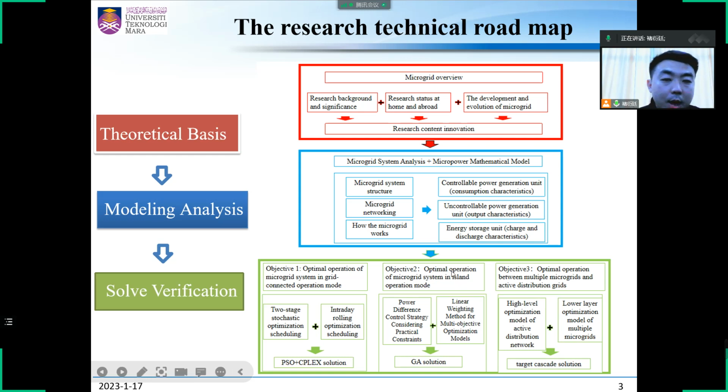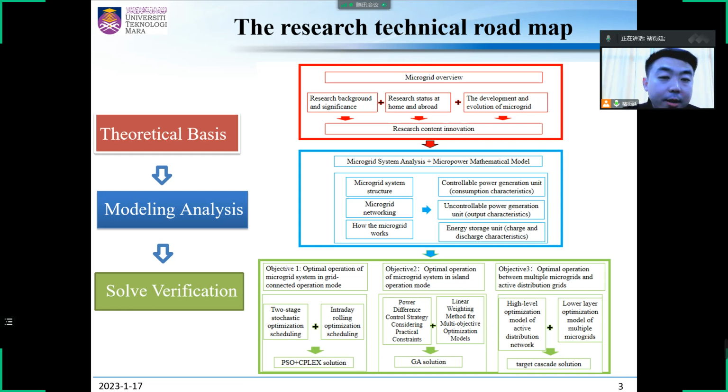Objective 2, optimal operation of microgrid system in island operation mode. First, power difference control strategy considering practical constraints, and linear weighting method for multi-objective optimization modes, and we can use the genetic algorithm to solve.